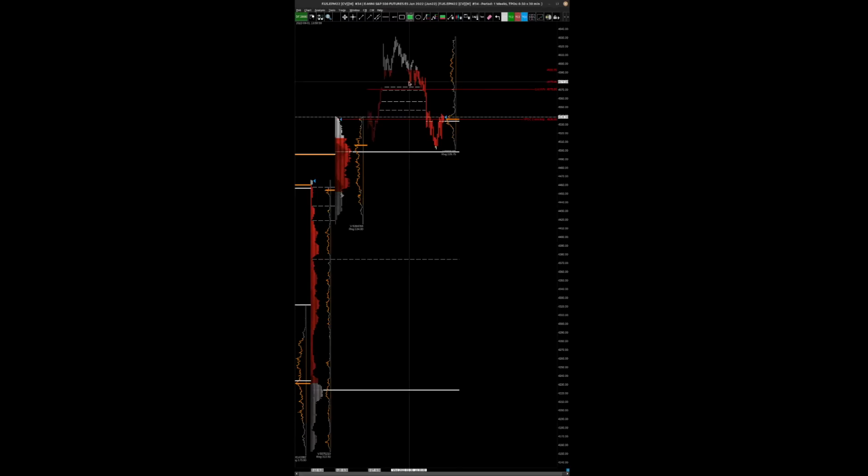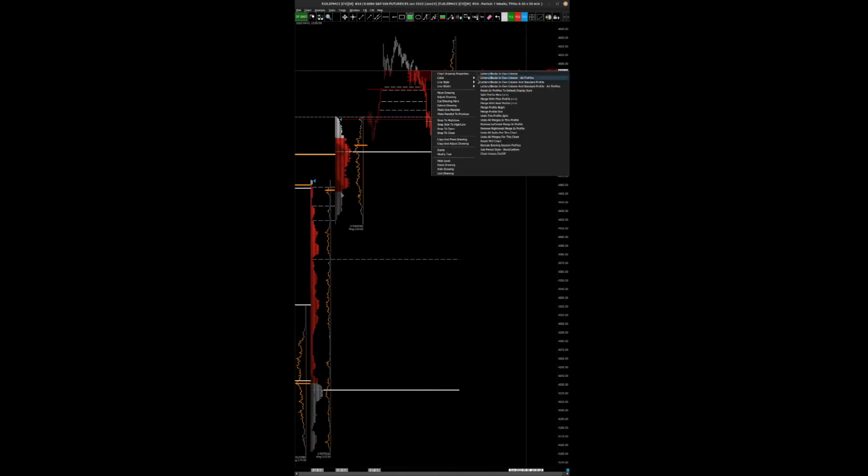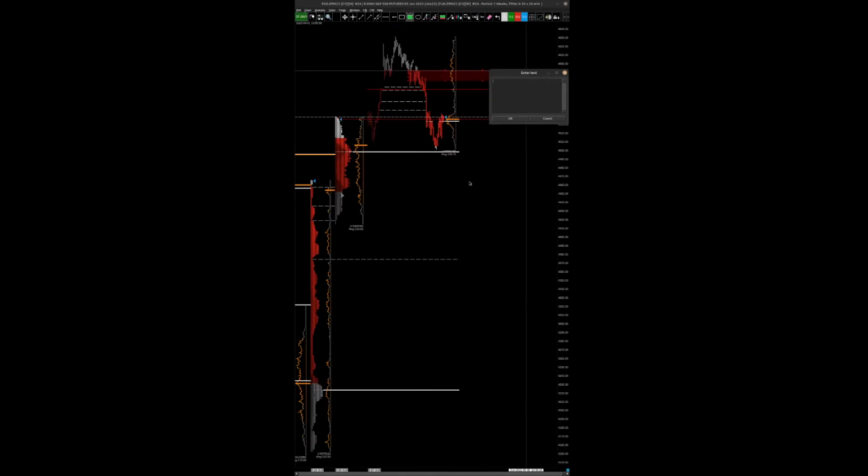So this is going to be resistance as well, right? High volume here, you can see it's orange. So this whole area might be another nice area to put on shorts. How do I want to denote this when I'm looking at it next week on a footprint and it's covering 12, 13 points on my footprint?